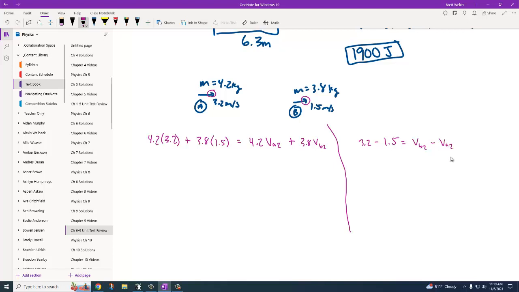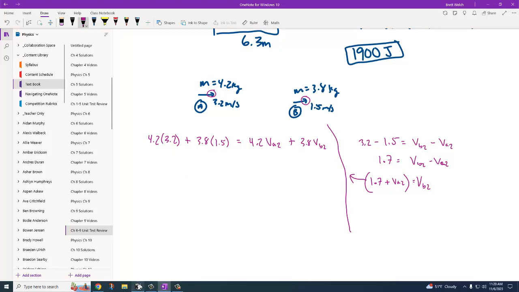Notice the order is changed in that subtraction. Okay, this is going to allow me to simplify. 1.7 equals VB2 minus VA2. Sorry about the handwriting. And then if I solve for VB2, it would equal 1.7 plus VA2. That is going to work really good for substitution over here on the original problem.